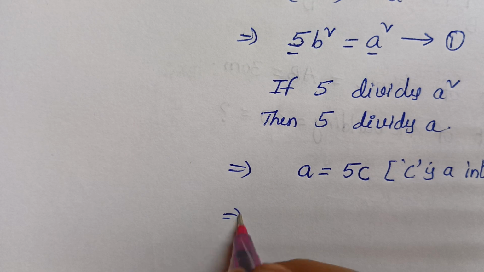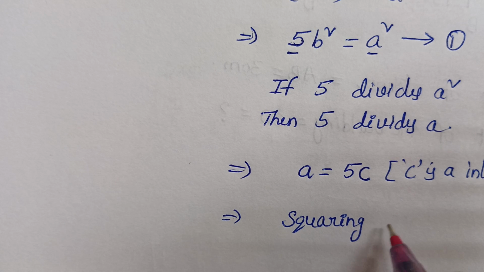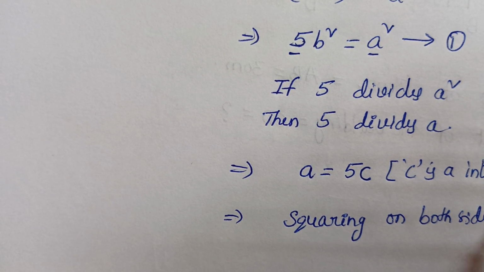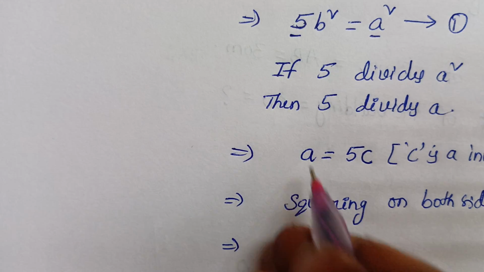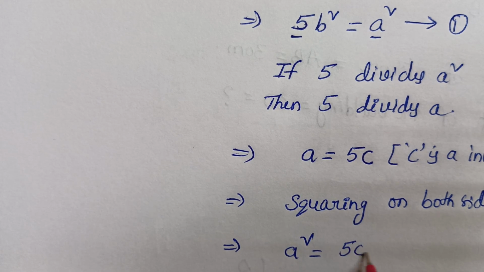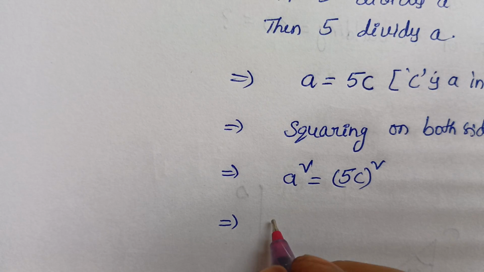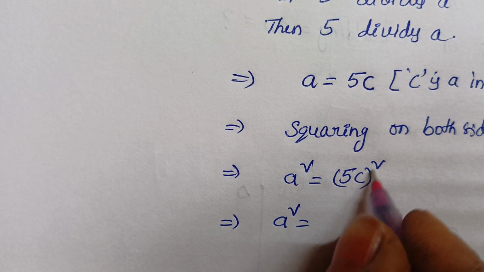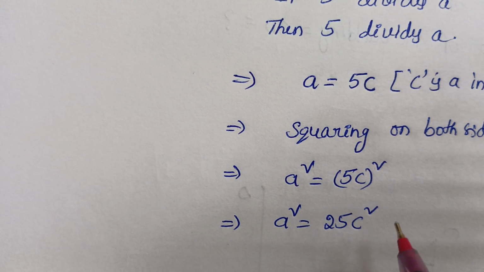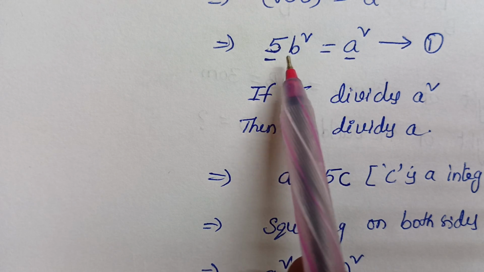From this step also, squaring on both sides. On the left side a square only, on the right side 5c whole square. So a square equal to 5 square, that is 25, c square. From equation 1, a square equal to 5b square.